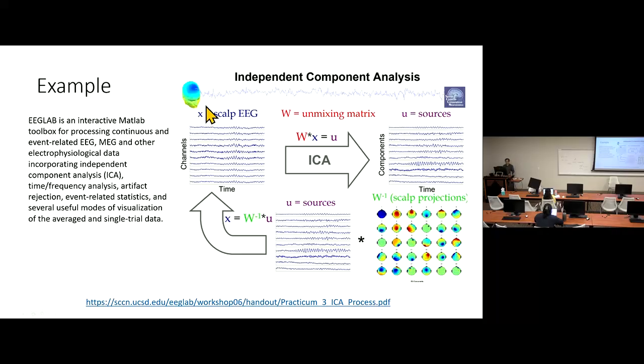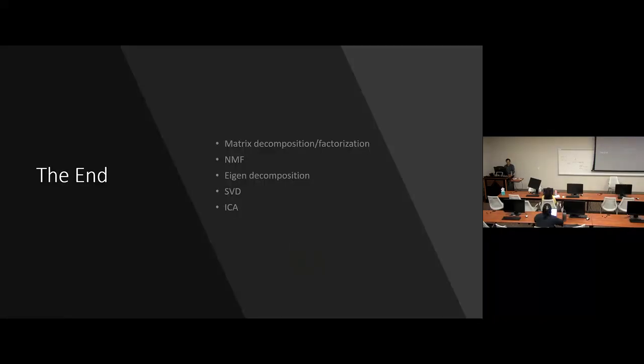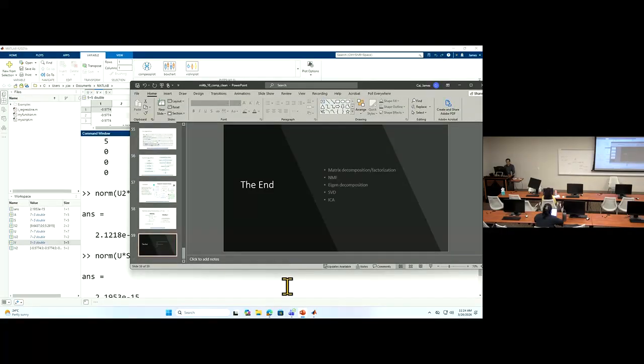This is an example of applications: you have EEG, with different channels you collect from different locations on your skull, and they are mixed information from multiple sources because you sampled in different locations. Then you run ICA to decompose into independent sources. Through this you can reconstruct the sources. Yeah, so that's all.